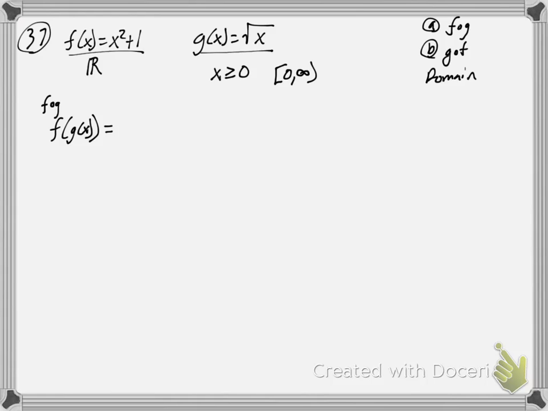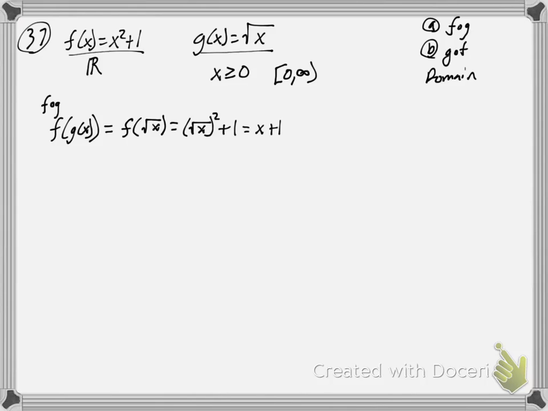So f of g of x would be f of the square root of x, which would then give me the square root of x squared plus 1. Now then, square root of x squared is going to cancel, and I would be left simply with x plus 1. Now, what is the domain of this function?